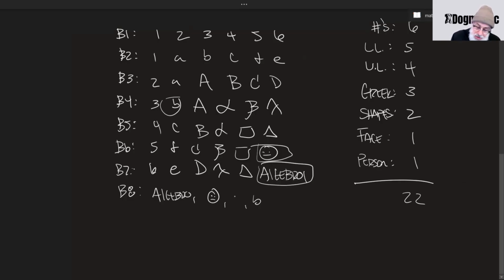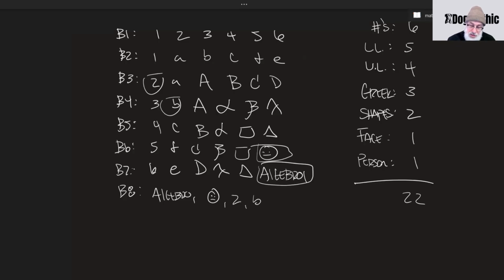Remember, because we're trying to minimize. So I still can't pick any uppercase, but I can pick a Greek letter now, I think, because we can't have shapes. So algebra, smiley face, none of that has B, none of that has 2.